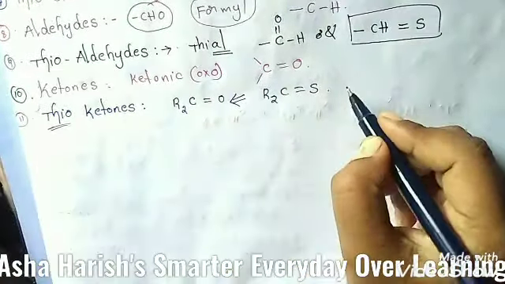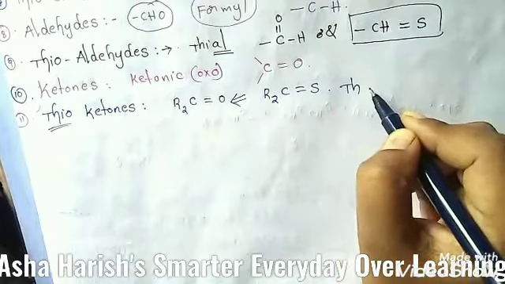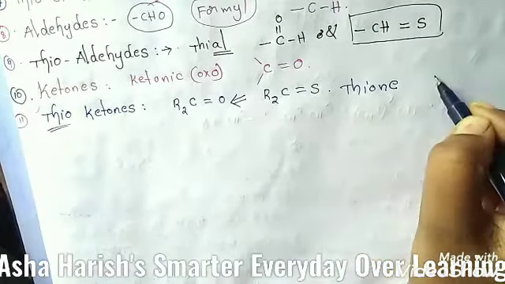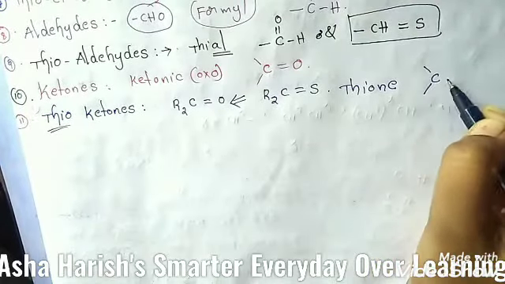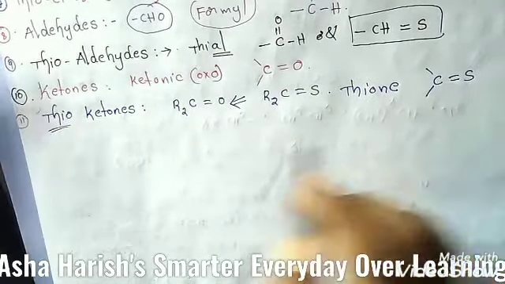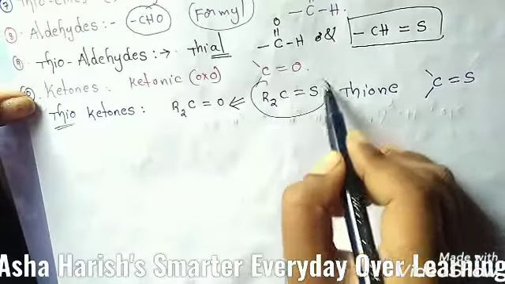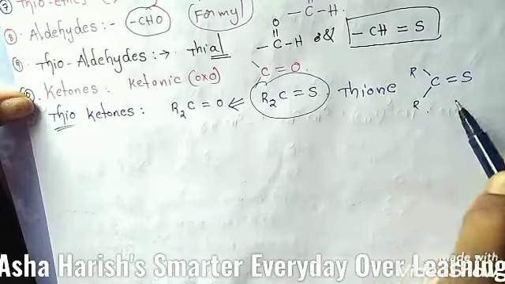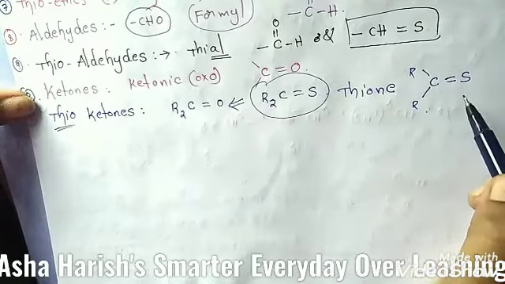For thioketones, the name of the functional group is thione, and it should be C double bond S. I am representing it like this, C R2, meaning here one R and here one R.